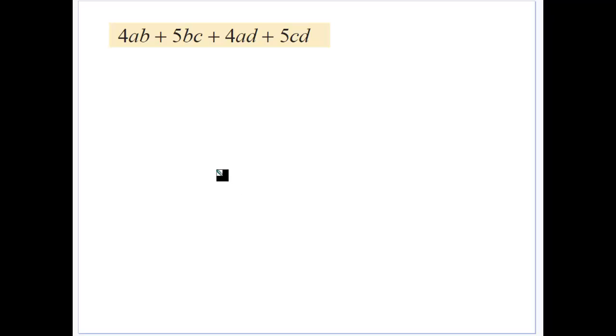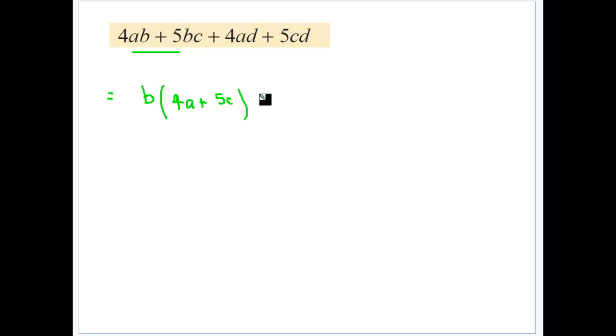Let's consider this one. So 4ab plus 5bc, 4ad, 5cd. Well, nothing's common, so I'll group them. I can group them this way and see what I get. If I look at this one, I've got a b that's common there, leaving 4a plus 5c.